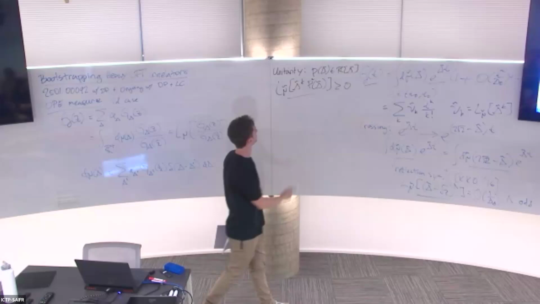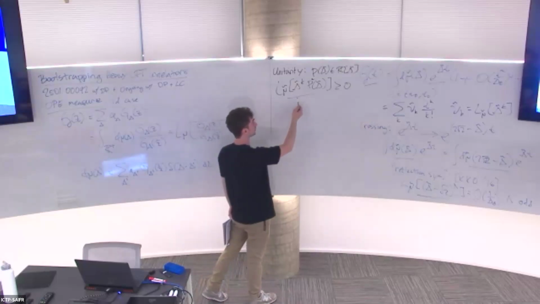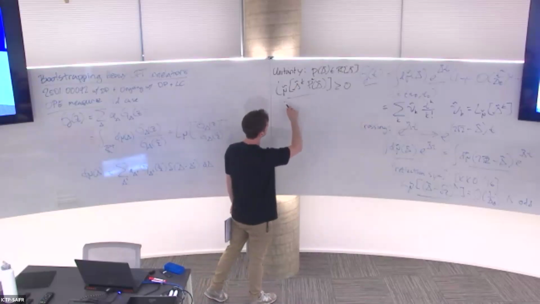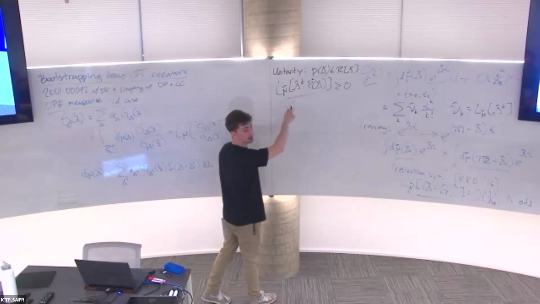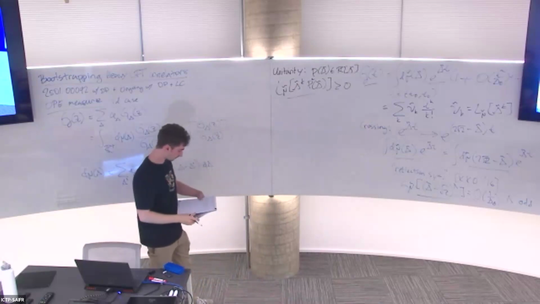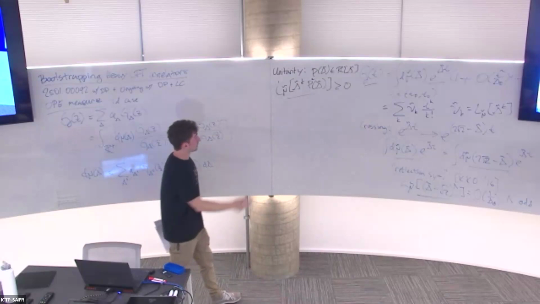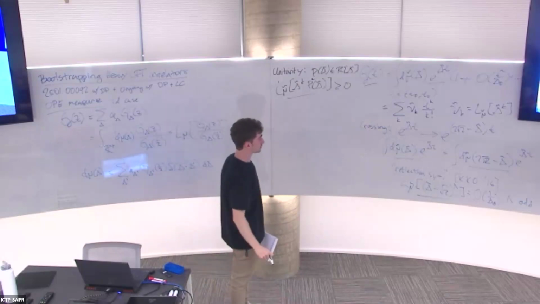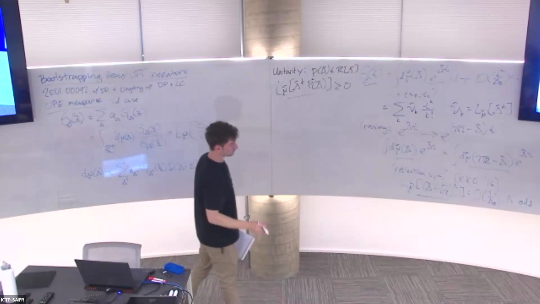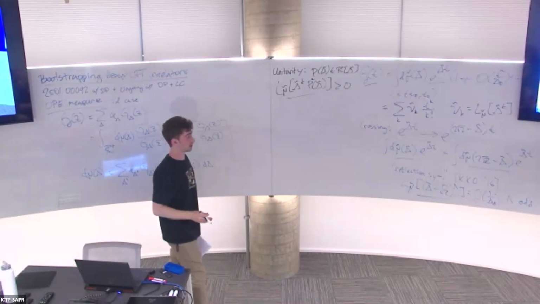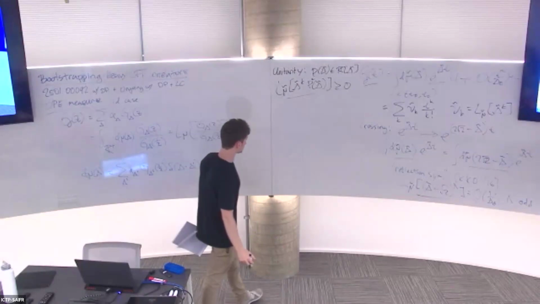For those who are familiar with moment problems, this just gives rise to the Hankel matrix positivity of moments. All right, so when we combine these constraints, we can actually derive a two-sided bound on moment variables in the limit of large external scaling dimension.